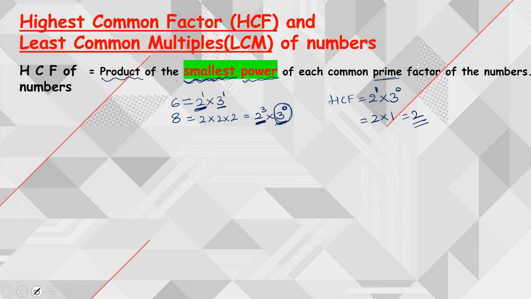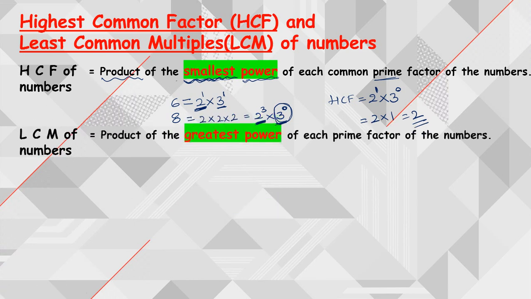Let us move on to the least common multiple. How to find the least common multiple of numbers? If I consider the same example, 6 and 8, it is quite opposite to HCF.